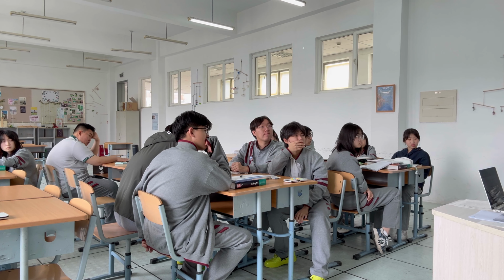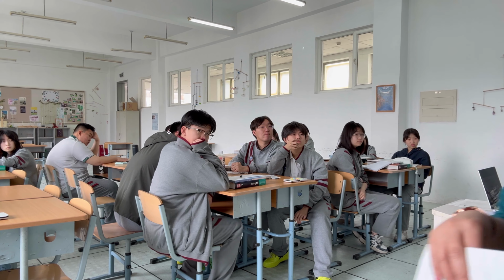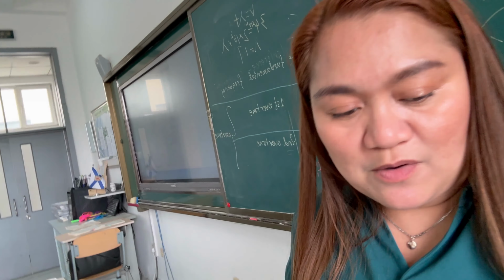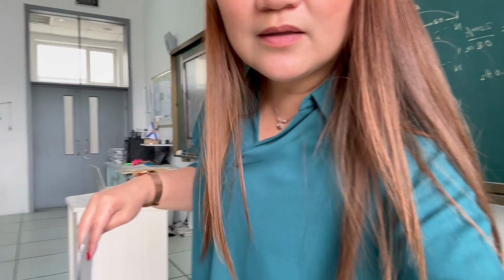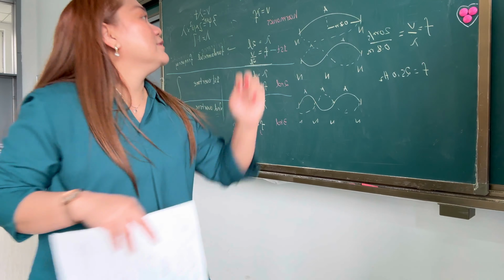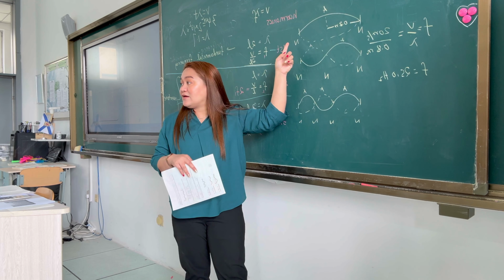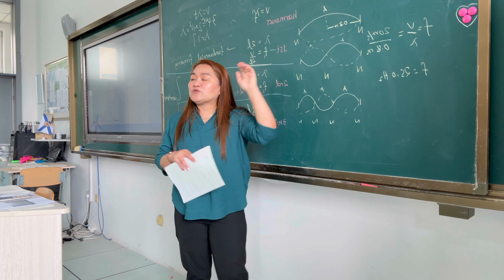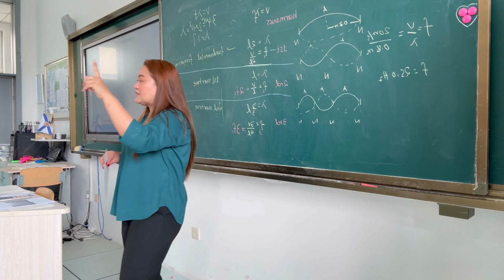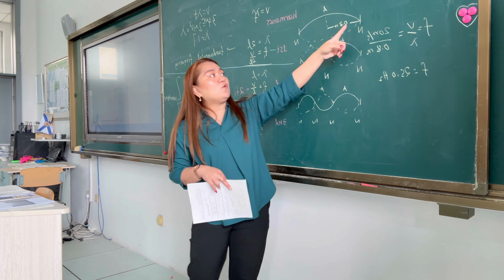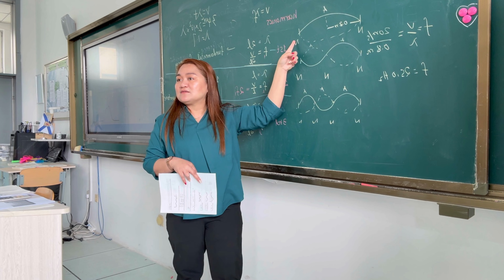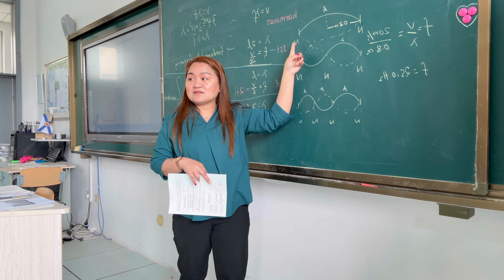Okay, now as you can see in the graph we have on the board, this is the length, right? So the probability of getting one antinode forming is what? Half a wavelength.